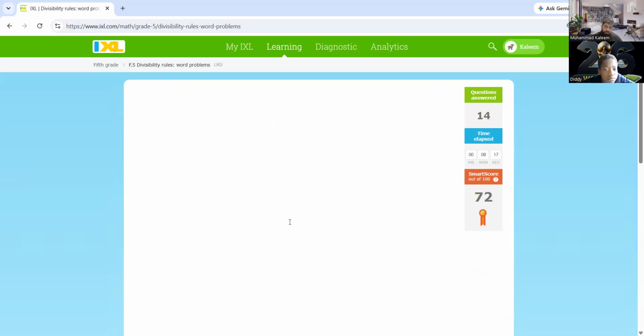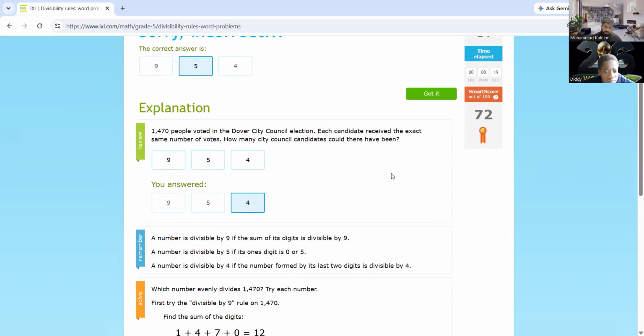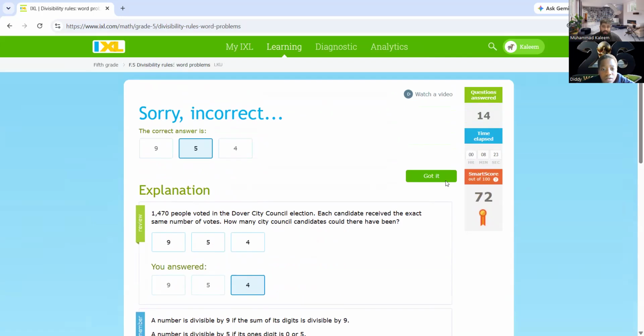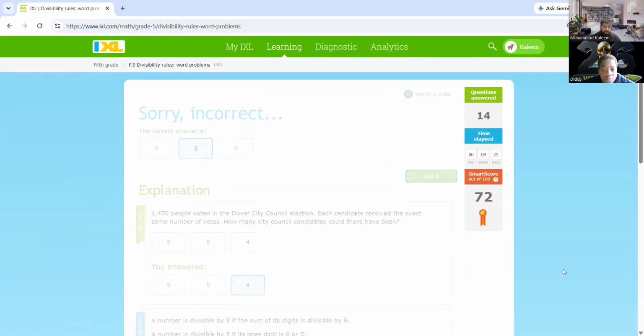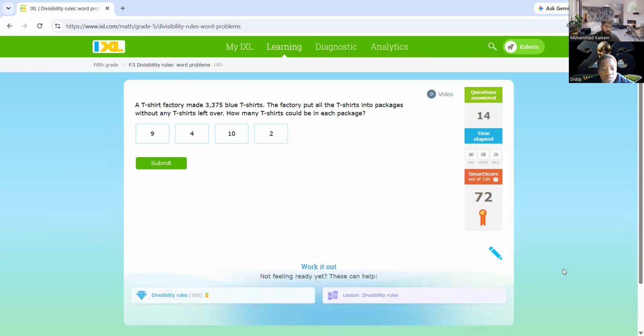For 4, we don't have to test like this. This is the rule for 3 and 9. For 4, we have to test the last two digits. So this is not divisible by 2, not divisible by 10, obviously not divisible by 4.